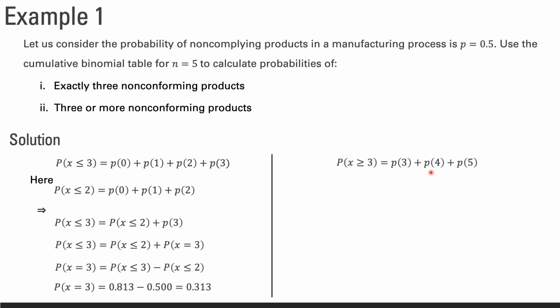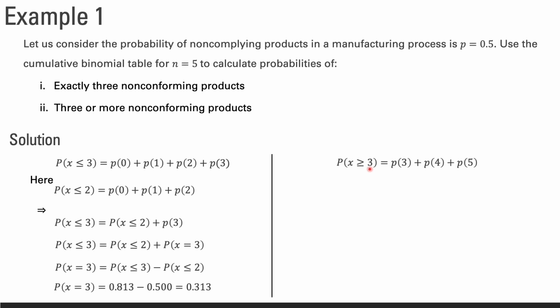Now this is a bit tricky, because the table gives us the value for less than or equal to 3, right? It doesn't give us the value for greater than or equal to 3. So for that we have to know the total probability, and then we subtract the rest from it.